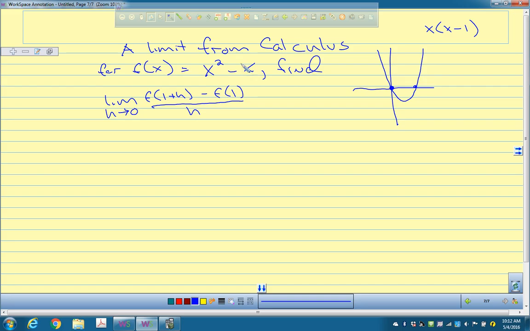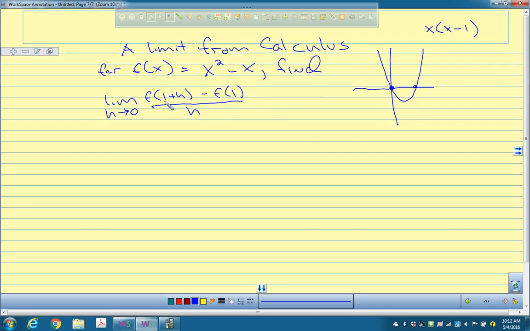Vertex is at, never mind. Vertex is at 1/2 comma something. Don't worry about where the vertex is.